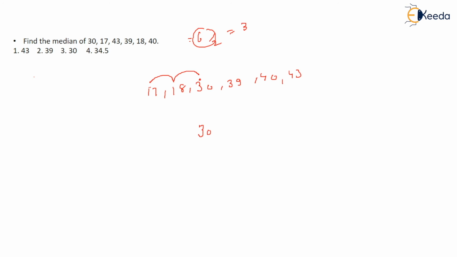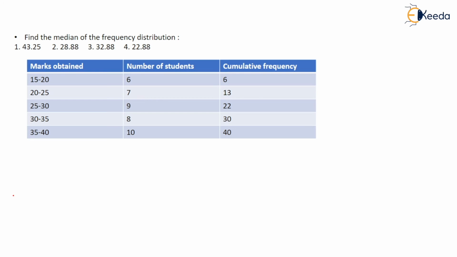So 30 plus from back, same 3rd number, that is 1, 2, 3. 39 will be the third number. Divide by 2. So after you do this, this comes out to be 69 by 2. This value comes out to be 34.5. 34.5 is the answer.